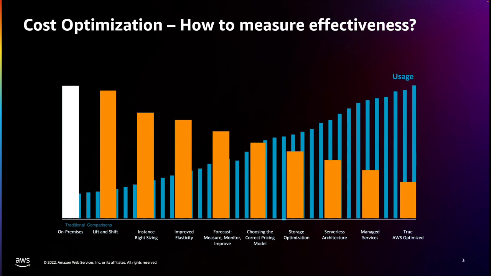But here we have another question which often FinOps practitioners ask us. How can I measure my effectiveness for each of these cost optimization techniques or pillars or even KPIs? And for that, we actually suggest customers to treat all these techniques as KPIs, right?